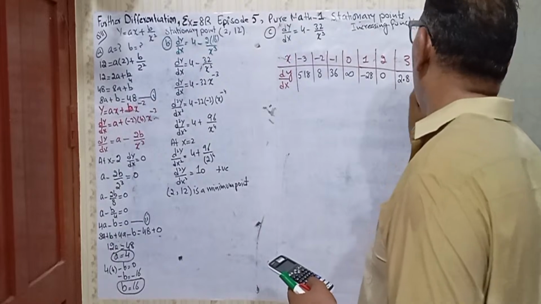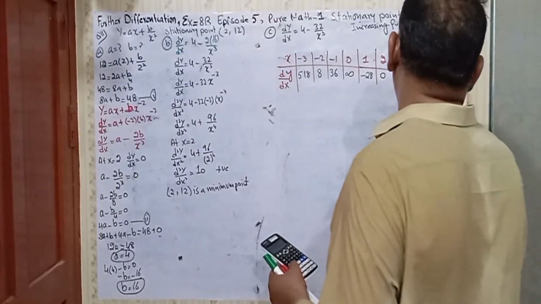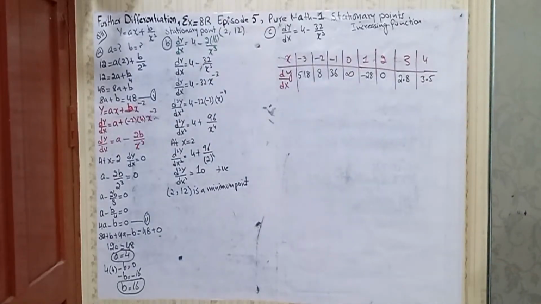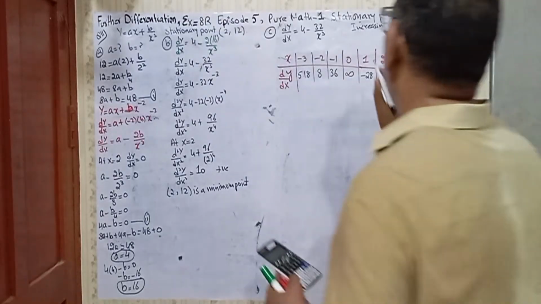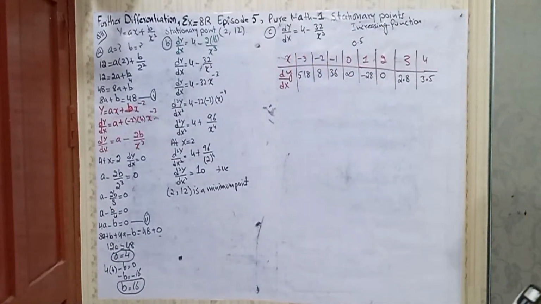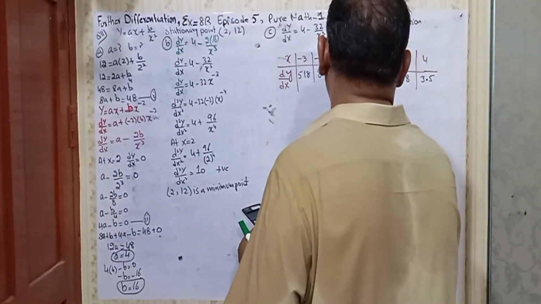At 4, 4 minus 32 divided by 4 raised to power 3 will be 3.5. I can also check the value at 0.5: 4 minus 32 divided by 0.5 raised to power 3 equals -252.